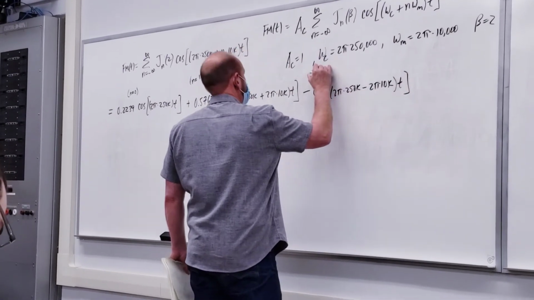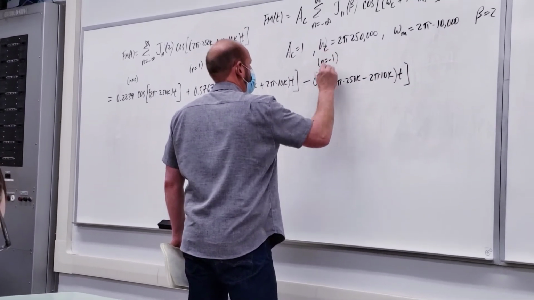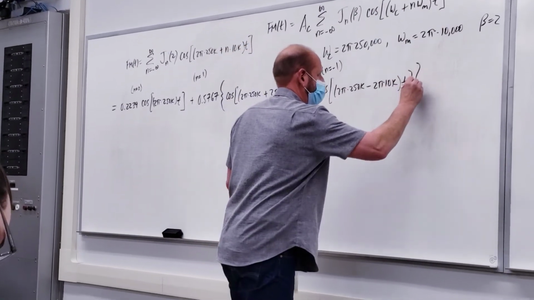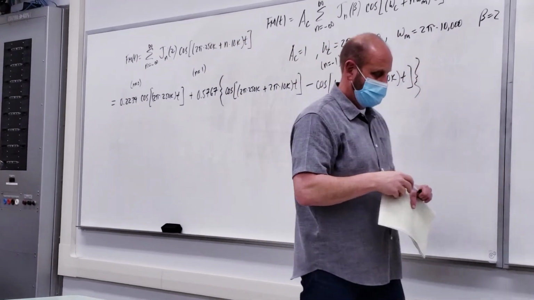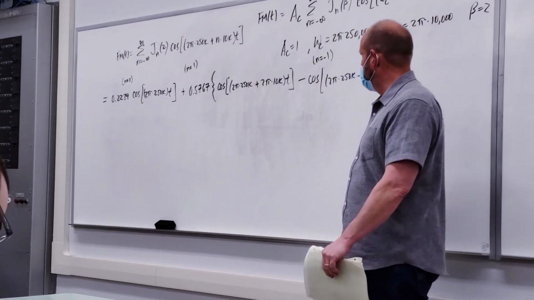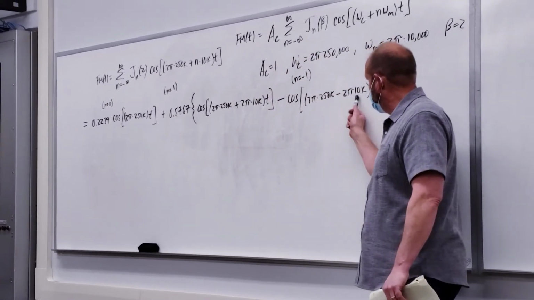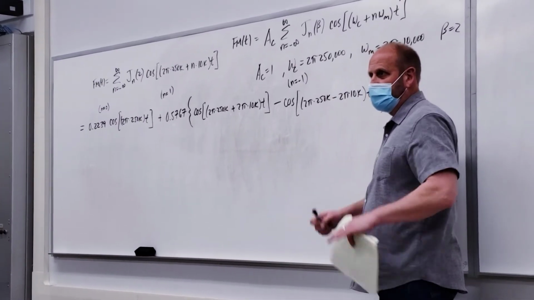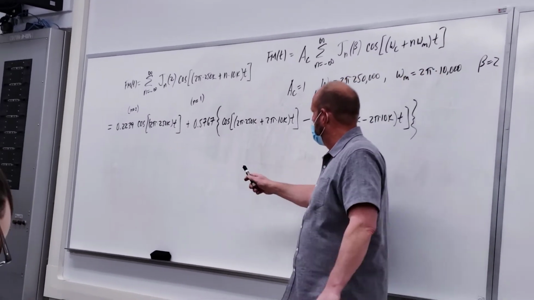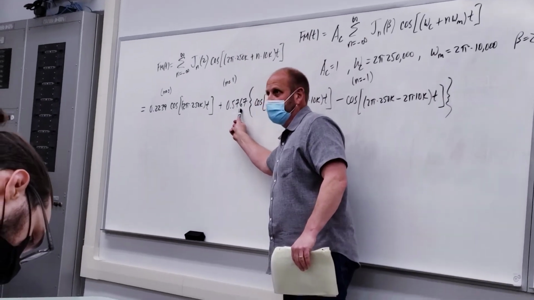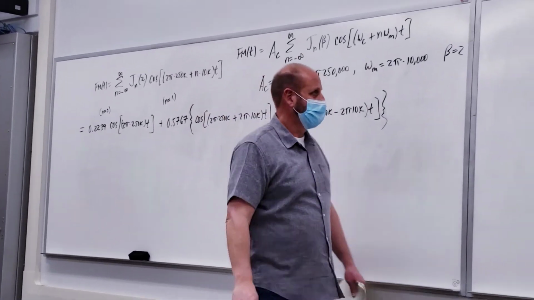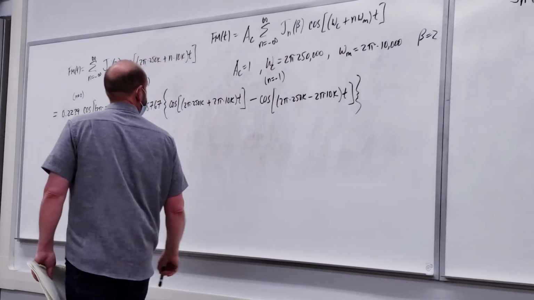So this is our n equals minus 1 term in curly bracket. So here we have a sinusoid that's 260,000 and 240,000. Double spikes. Amplitude that over 2. All right, let's keep going here.